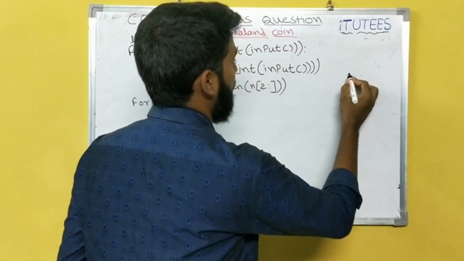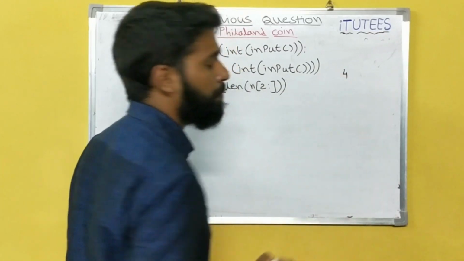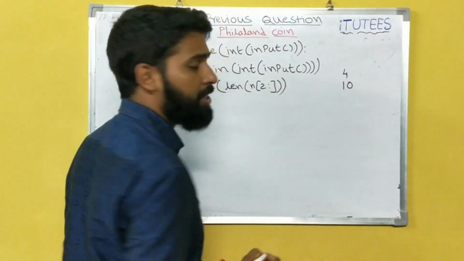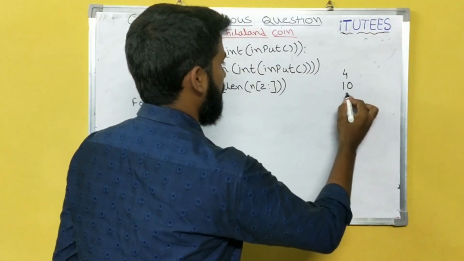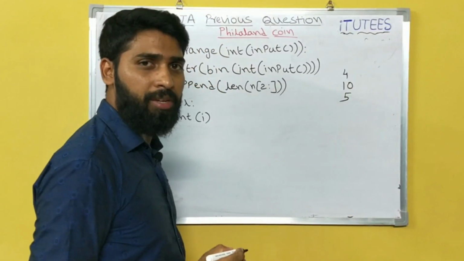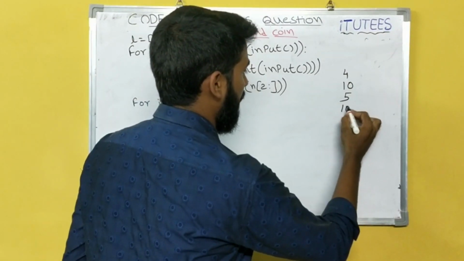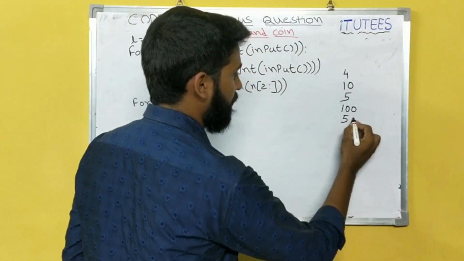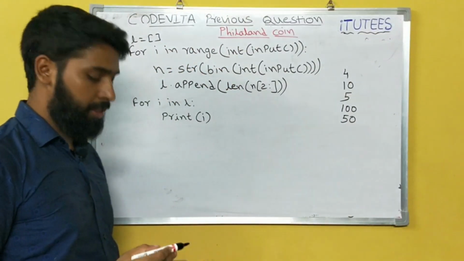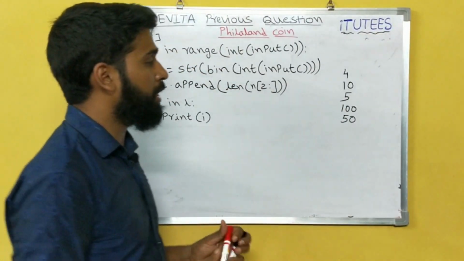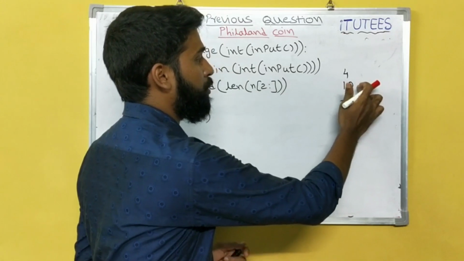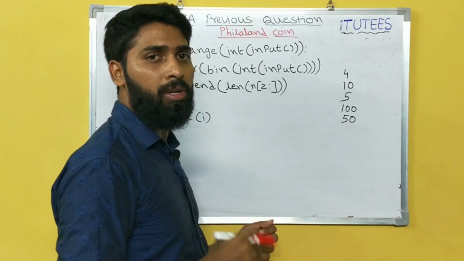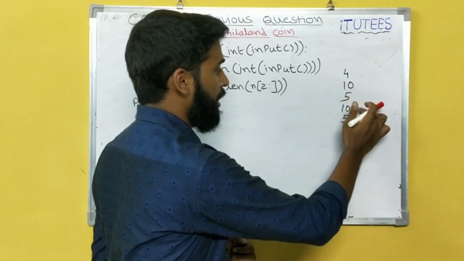First input is the number of test cases. For example, 4 is the number of test cases. Then 10 is the highest price of the item. Next, 5 is the highest price of the item. Next, 100 is the highest price of the item, and then 50. Now it evaluates how many denominations are required to represent 10, and it satisfies all the numbers below it also. Same for 5, 100, 50.